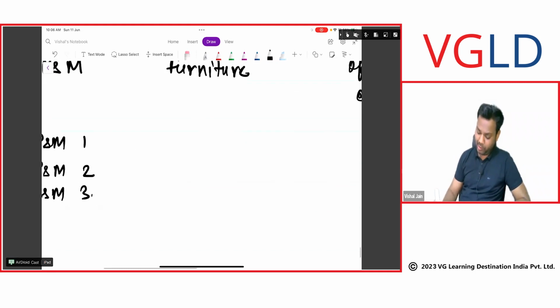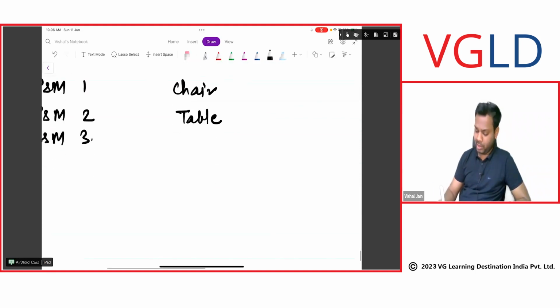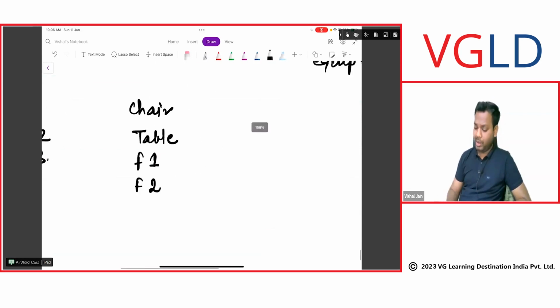Furniture: there you can say chair, table, then furniture number 1, furniture number 2. Then comes office equipments.